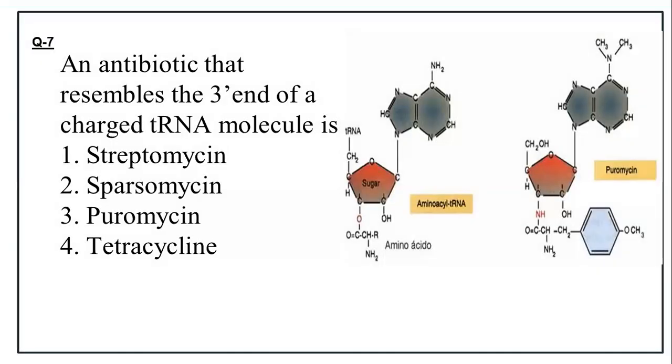Now, an antibiotic that resembles the 3' end of a charged tRNA molecule. Puromycin will be the answer. Puromycin and aminoacyl tRNA have a structural similarity. Here only NH is there, and there is almost a structural similarity with puromycin.